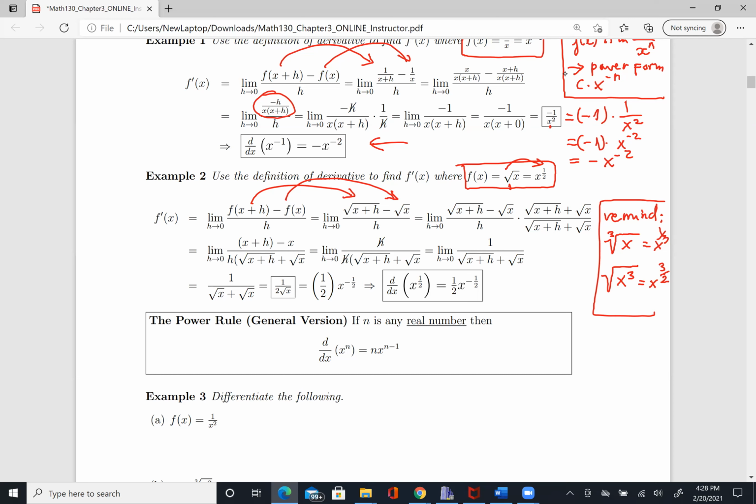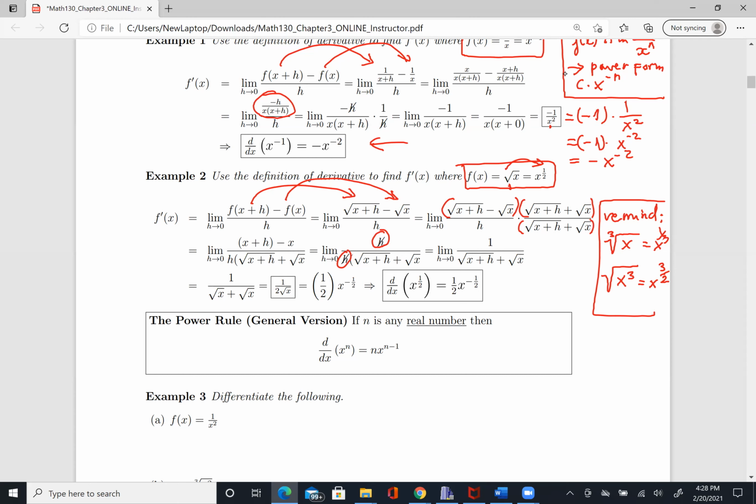For this case you should multiply by the conjugate to make the square root go away. After you use the conjugate and simplify, you just have h at the top, which you can cancel with h at the bottom, and then you get the limit of 1 over the square root of (x plus h) plus the square root of x. Now you can direct substitute and get 1 over 2 square root of x.